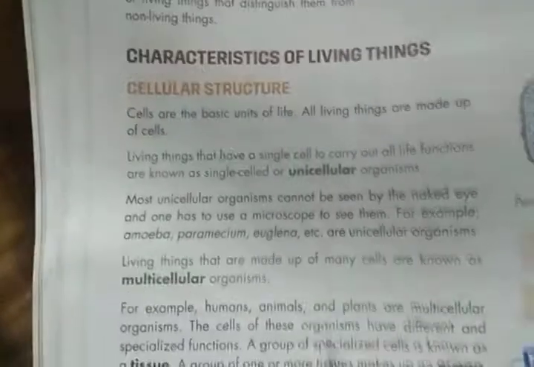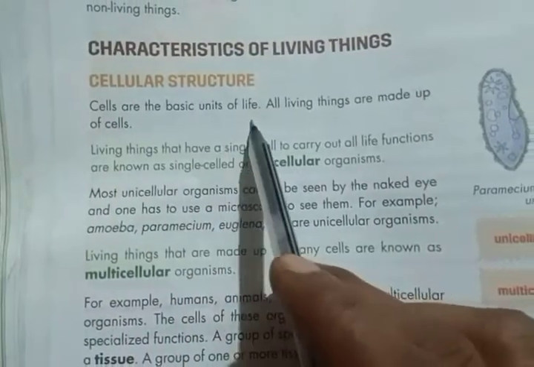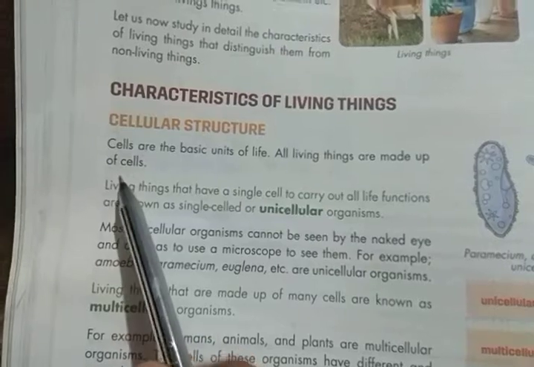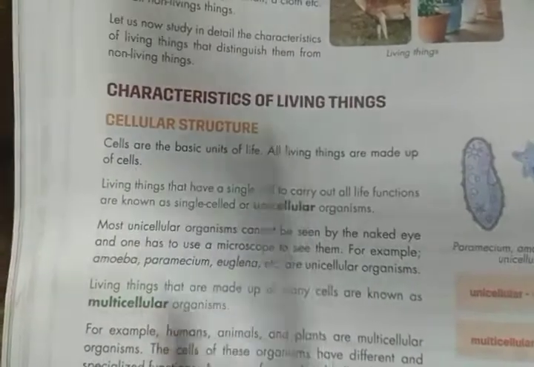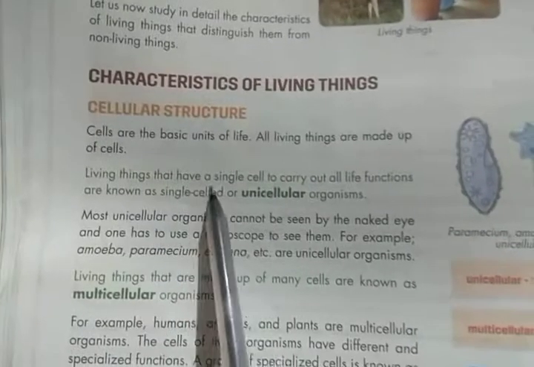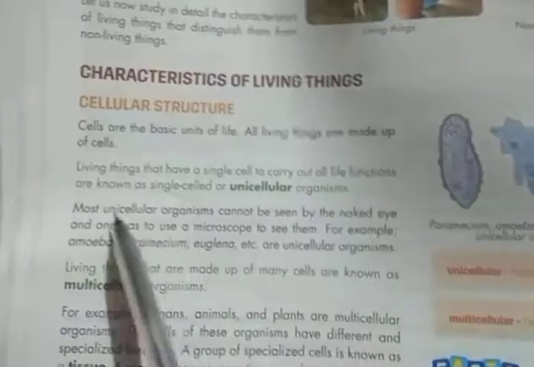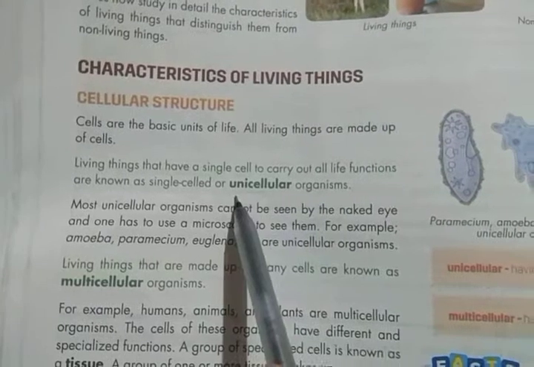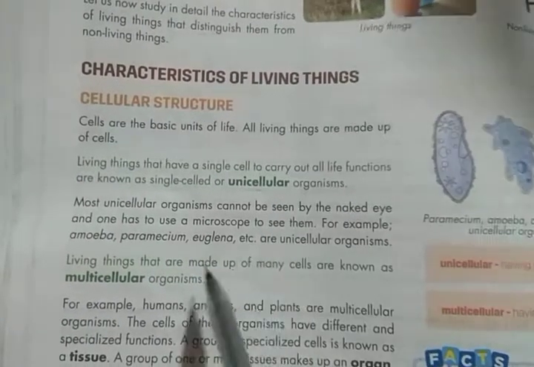First is cellular structure. Cells are the basic unit of life. All living things are made up of cells. Our body is also made up of cells. Living things that have a single cell to carry out all life functions are known as single-celled, or unicellular, organisms.